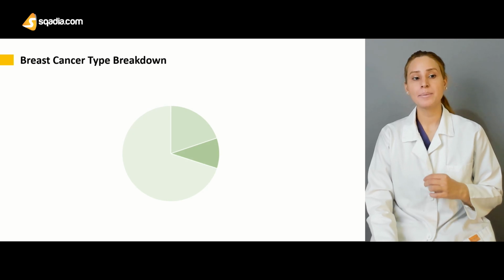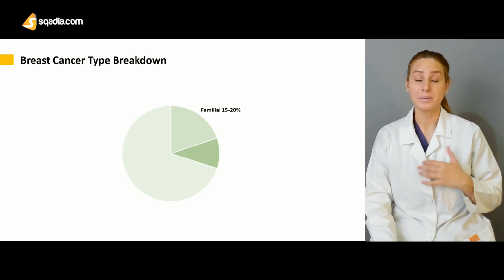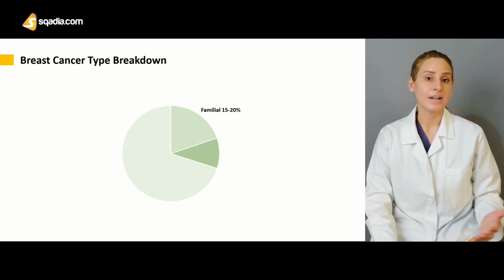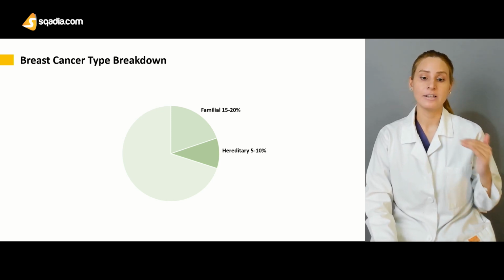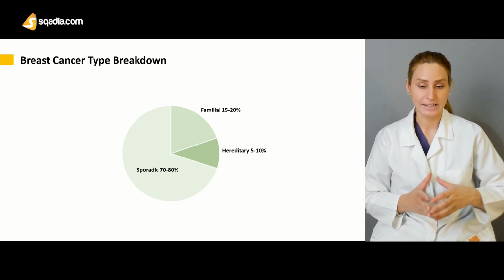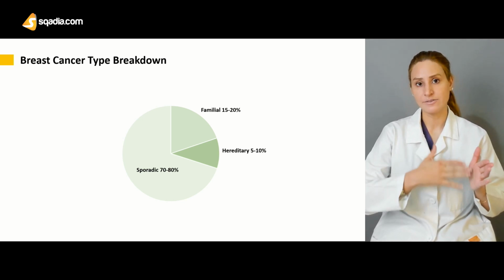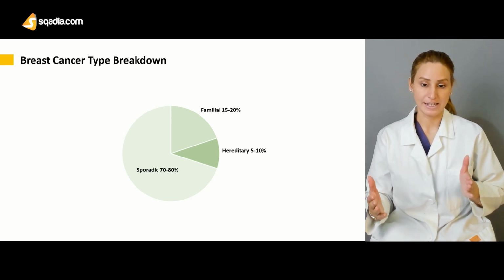Okay, so when you talk about the pathology, or you can say epidemiological factors which are responsible for the development of these tumors, we classify them into familial, hereditary and sporadic cases. Familial is when it runs in the families, and that is 15 to 20%.